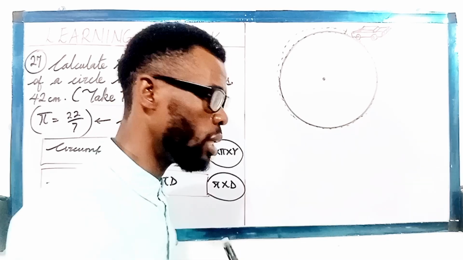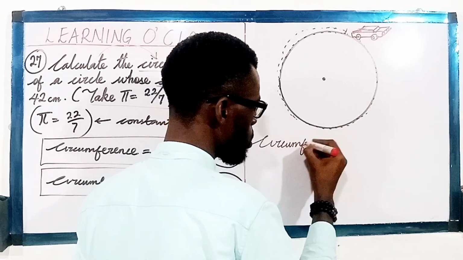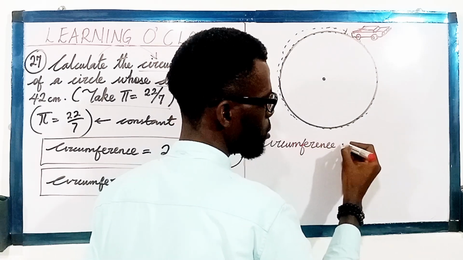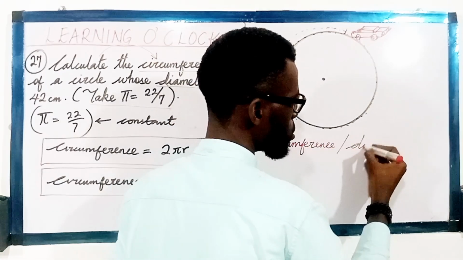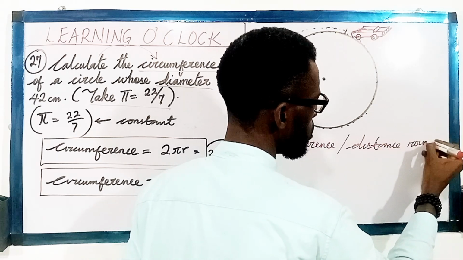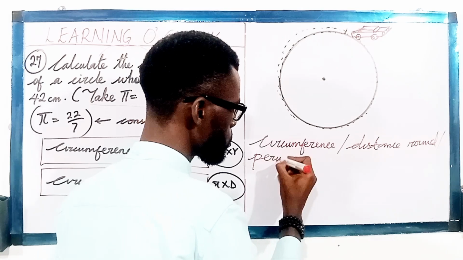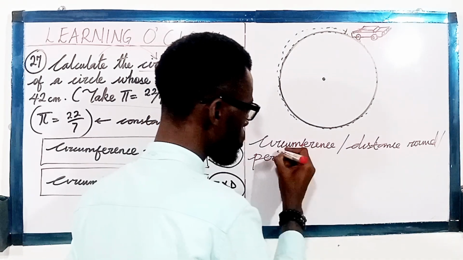Another thing is that the circumference of a circle is the same thing as the distance round the circle, or the perimeter of the circle.